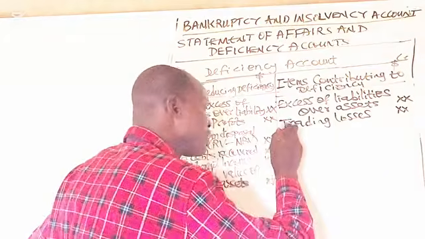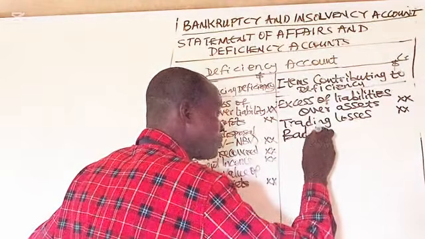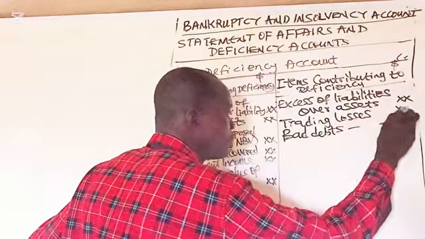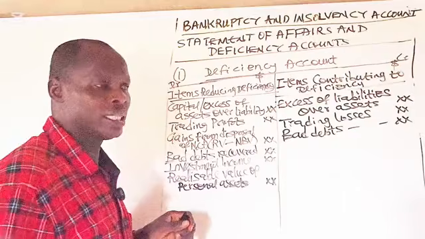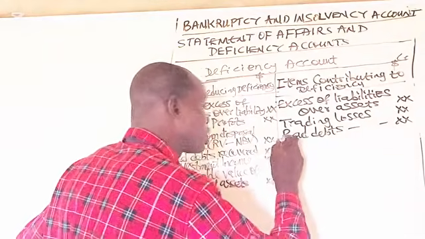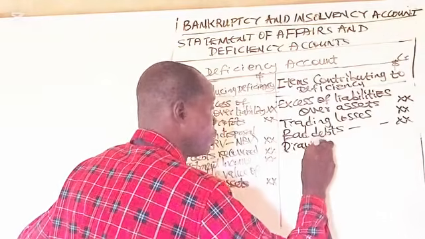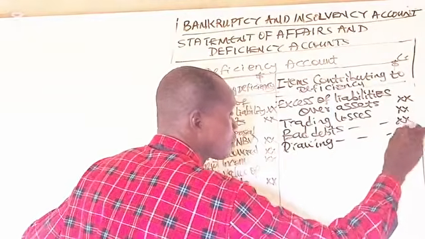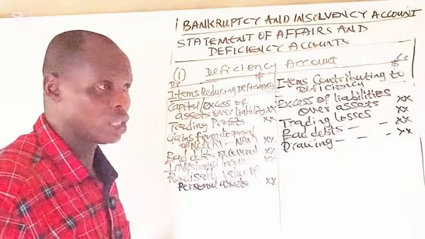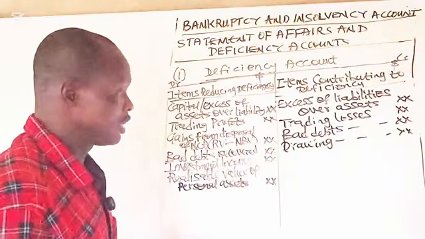Then if you have bad debts written off, they will contribute to deficiency. Where the business withdraws something for personal use, drawings will contribute to deficiency.